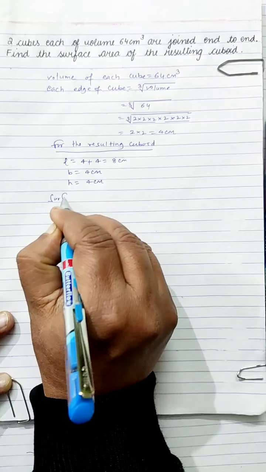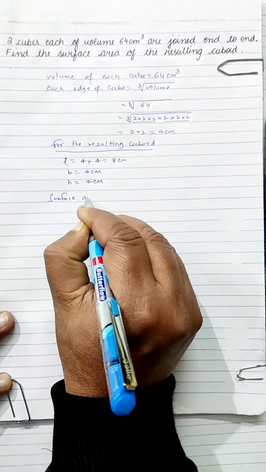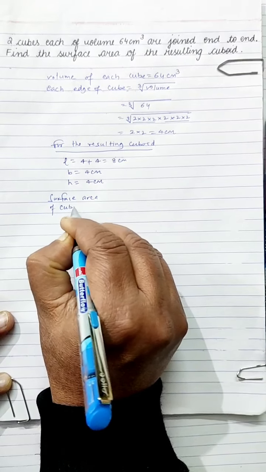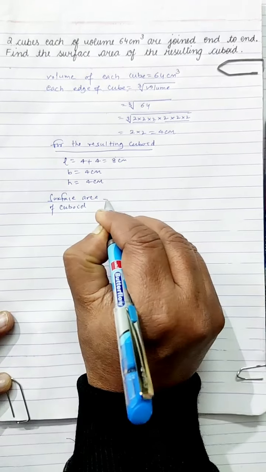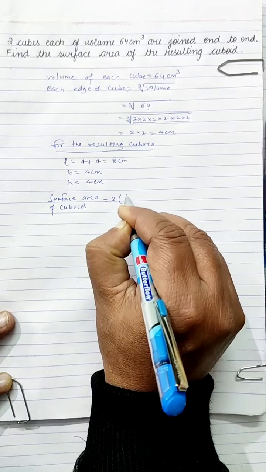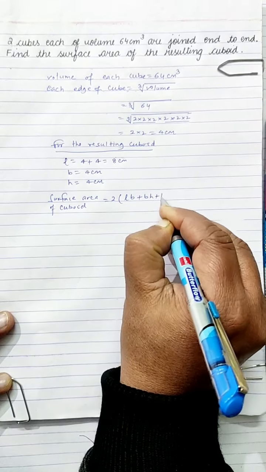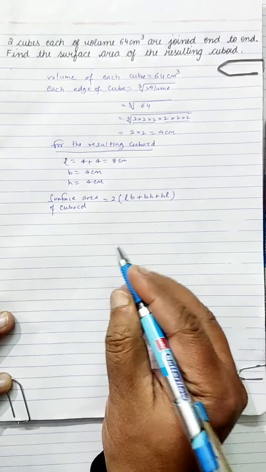Surface area of cuboid formula we have: twice LB plus BH plus HL.